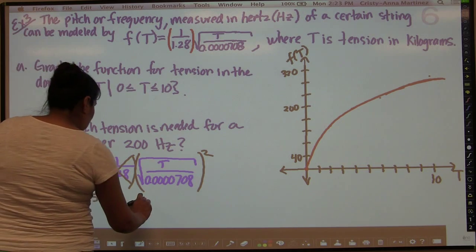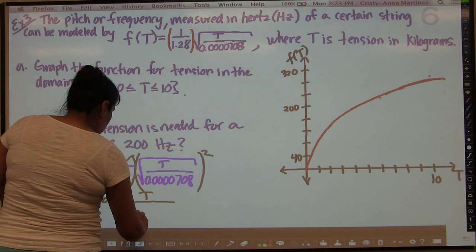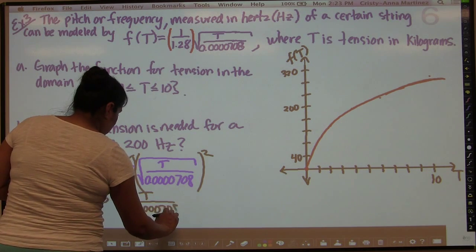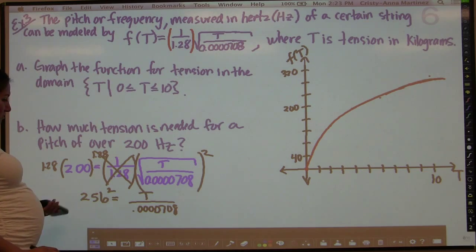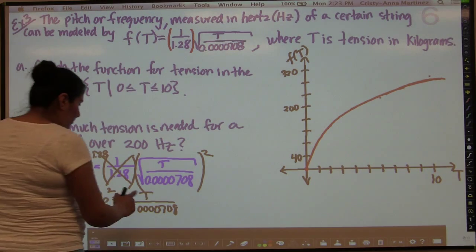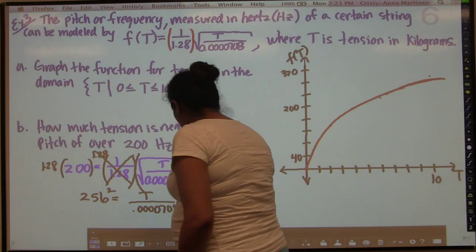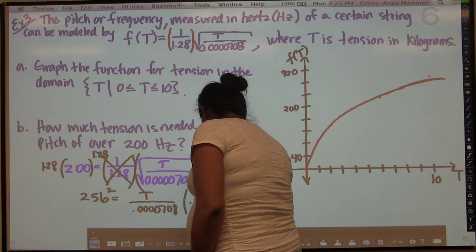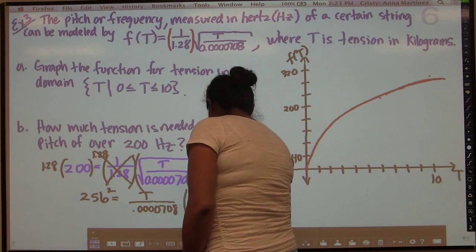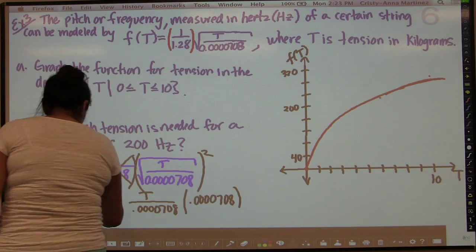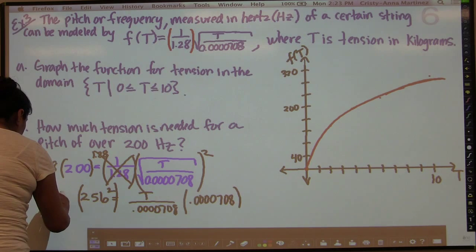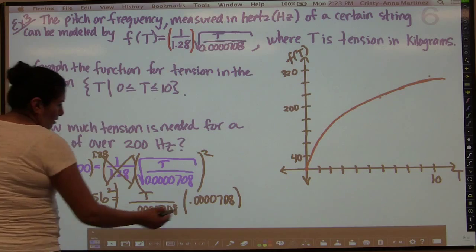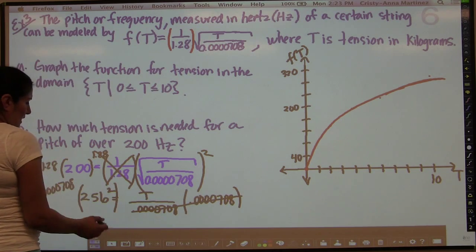So now I'm going to get T over 0.0000708, and then the 256 squared to the other side. To get rid of the 0.0000708, we're going to multiply by 0.0000708 on both sides. Okay, and then those will cancel, and then finally we'll know what T is.